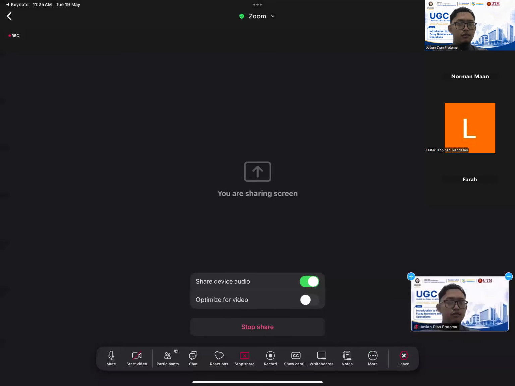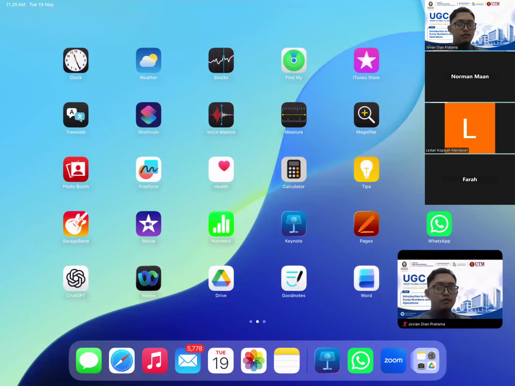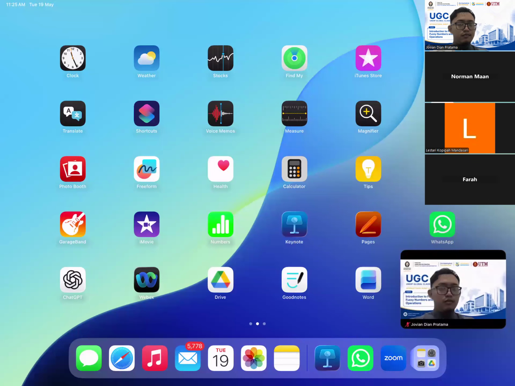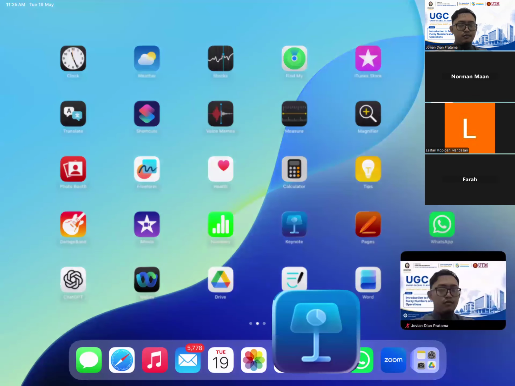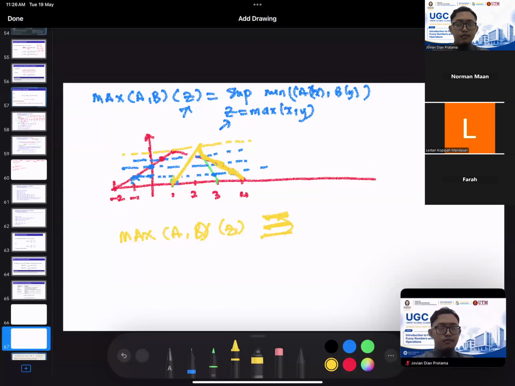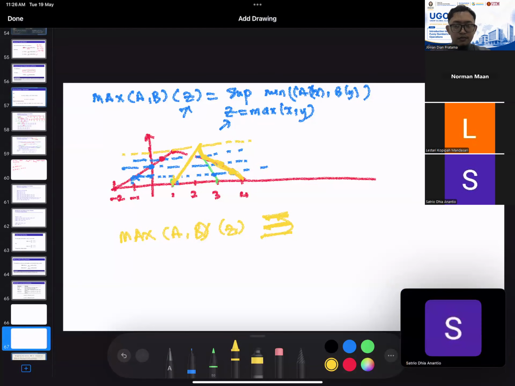Can you still see my screen? So these are two different operations.